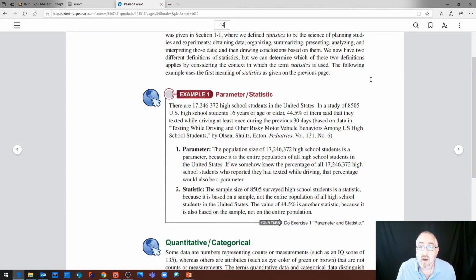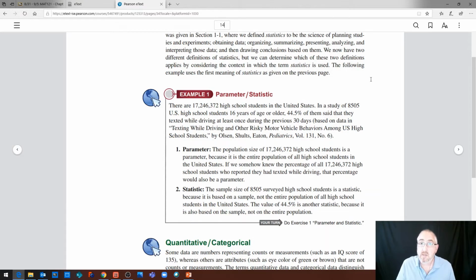In a study of 8,505 U.S. high school students 16 years of age or older, 44.5% of them said that they texted while driving at least once during the previous 30 days, based on data in Texting While Driving and Other Risky Motor Vehicle Behaviors Among U.S. High School Students by Olson, Schultz, Eaton, Pediatrics, Volume 131, number 6.